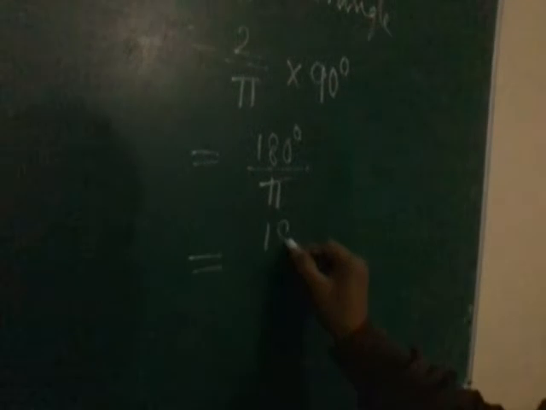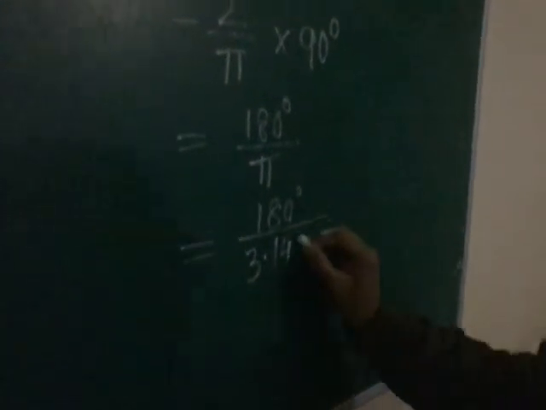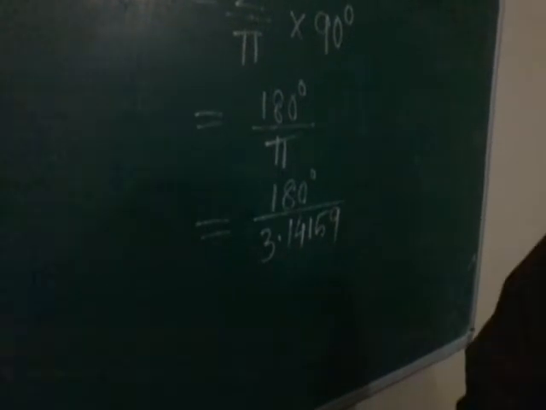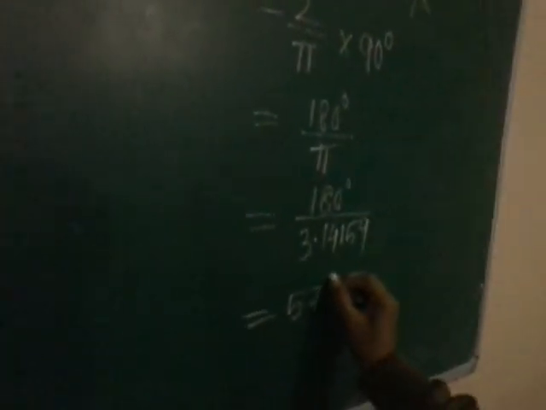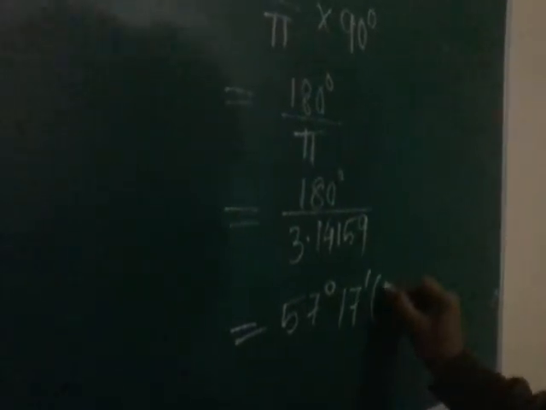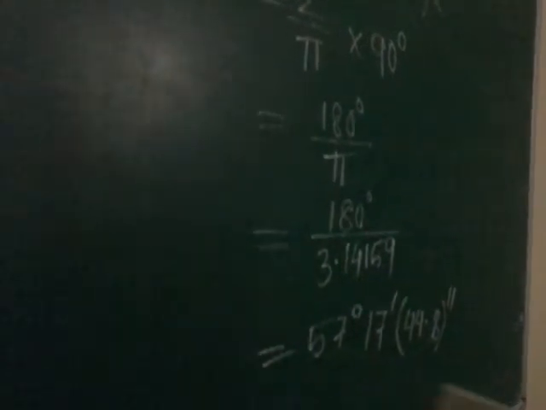Putting the value of pi, 3.14159, that is equal to 57 degree 17 minute 44.8 second.